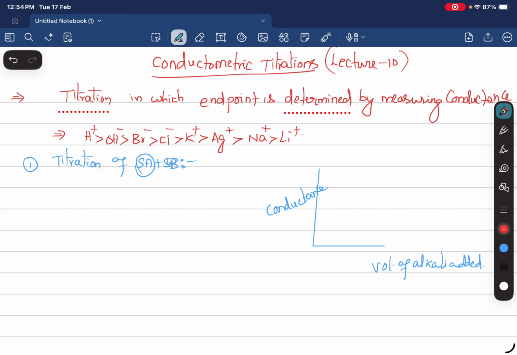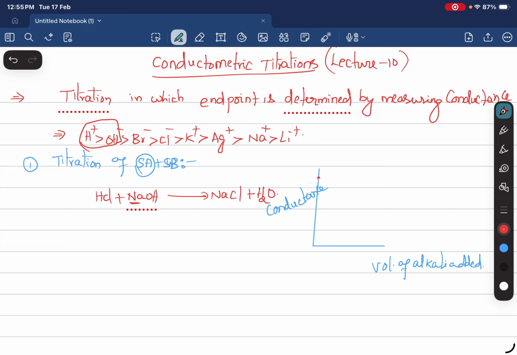Since it is a strong acid, the dissociation of the acid is more, so the conductance is more at the initial time. Generally you take HCl versus NaOH. HCl has H+ and Cl- ions, both having high conductance values. HCl, a strong acid, combines with NaOH and gives NaCl, which is a strong electrolyte, and H2O, which is a weak electrolyte.